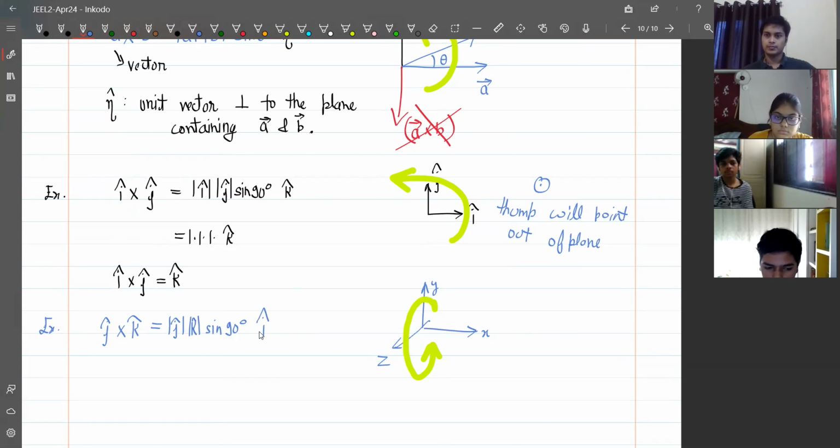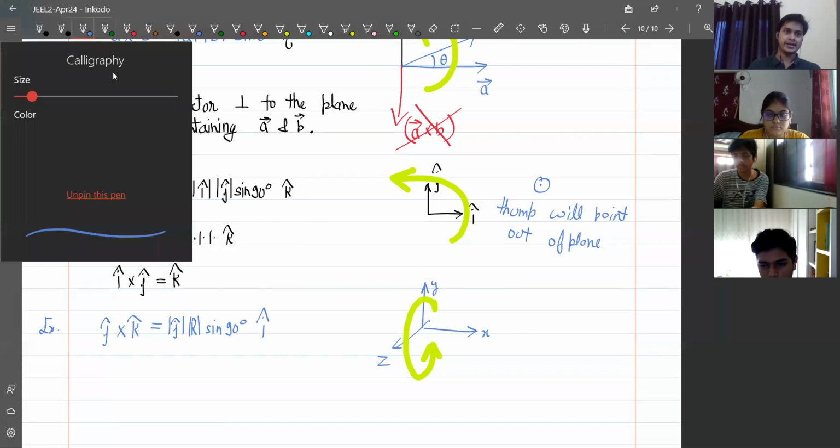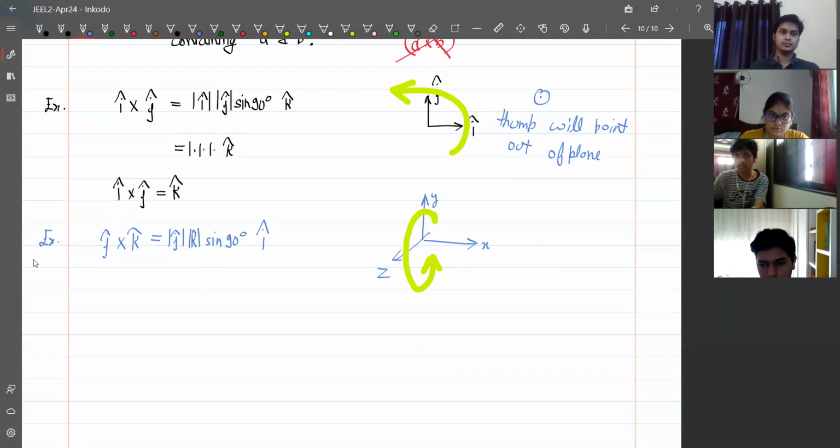Okay, so to visualize this, just take 2 pens in your hand. I know कि ये webcam की वजह से inverted आ रहा होगा possibly, but you have to use your right hand, and if this is J, this is K, then JK के perpendicular आएगा I cap. So J cross K is I cap. And I'll just write it down.